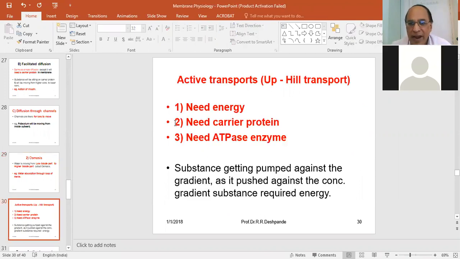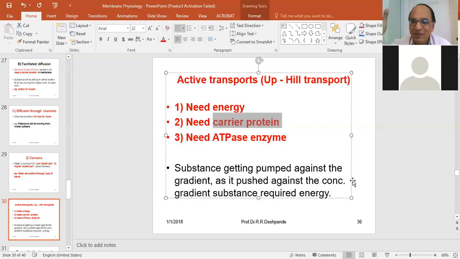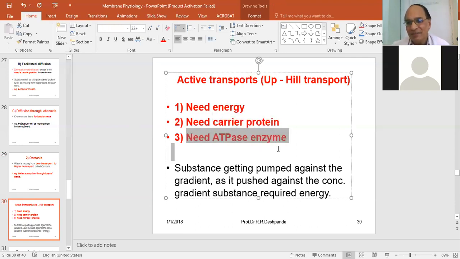Now we will talk about active transport. As I have told you, we have to climb the hill, up, up, up. So naturally, it's an active process. It will need some energy. It will need the help of a grandson, a granddaughter, any stick to climb up the hill, climb up the stairs. And as it needs energy, it will also need the ATPase enzyme.